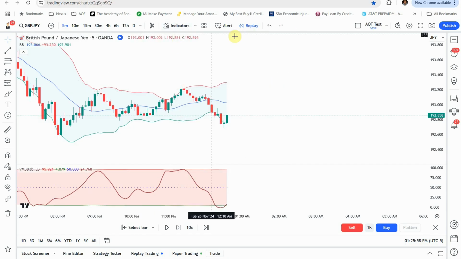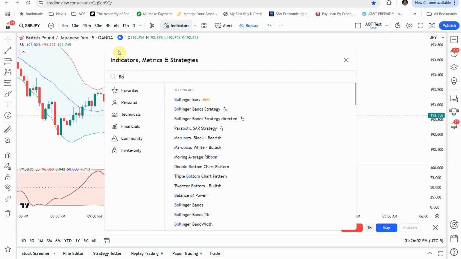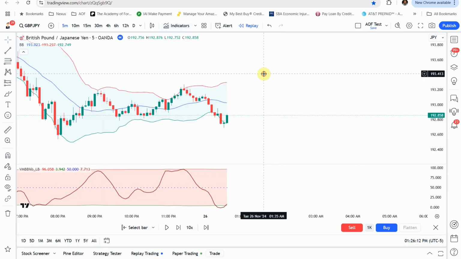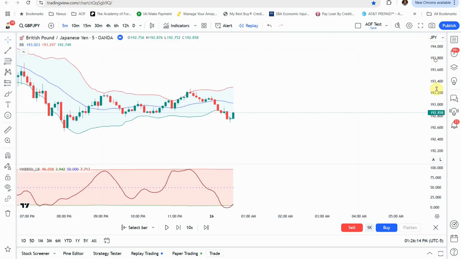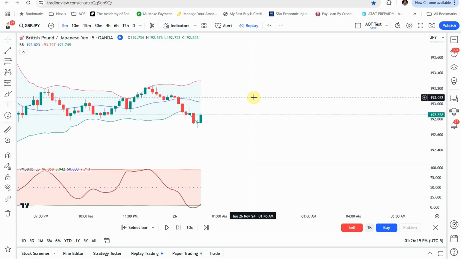The next indicator we will add to the screen, like I said, is the Bollinger Bands. It's just the standard built-in TradingView Bollinger Bands, and it'll be this one right here. Go ahead and click on that and add it to the screen. Again, everything stays on the default setting, and so nothing needs to be changed.